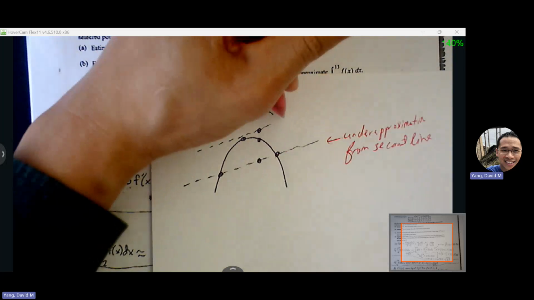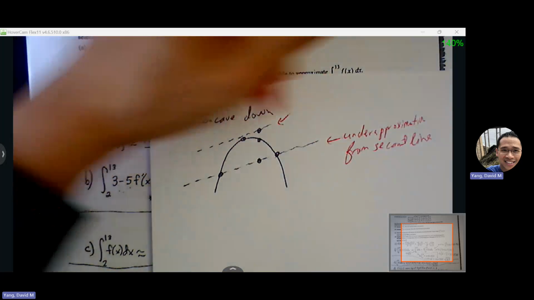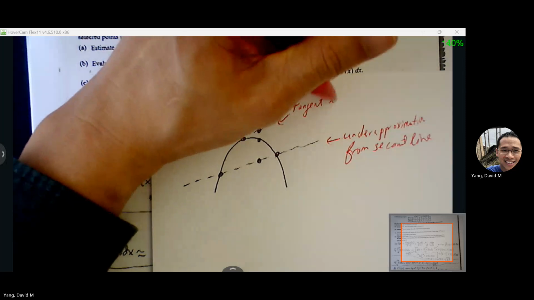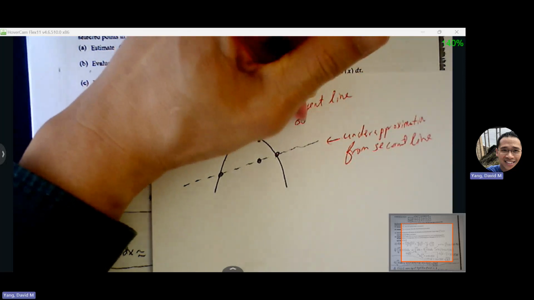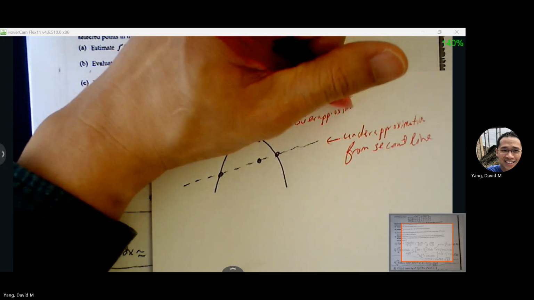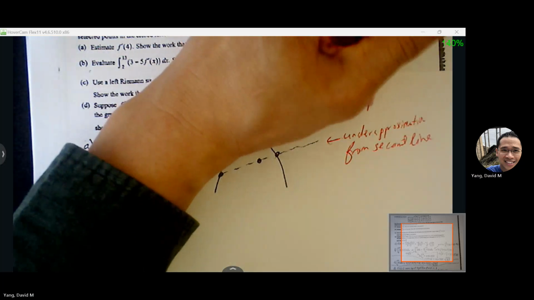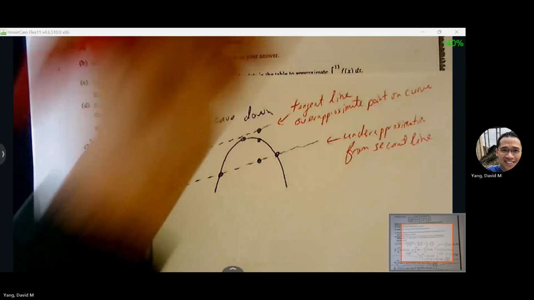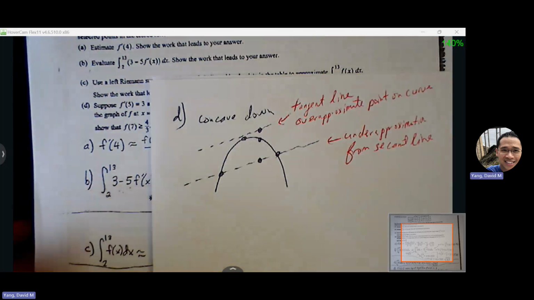Meanwhile, if it's a tangent line, it will over approximate a point on the curve. So that's what they're trying to do.